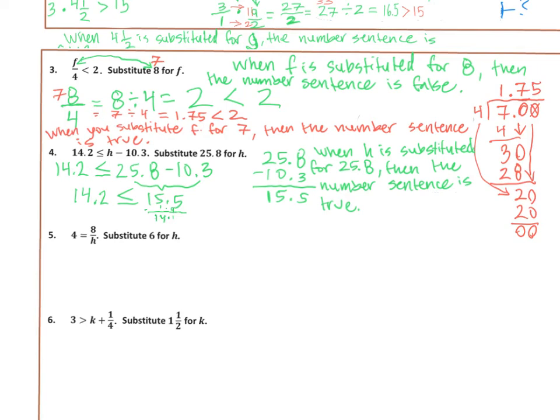So we've got to get at least 1.4 taken away. So we can take 1.4 away from 25.8. 25.8 minus 1.4 is going to equal 24.4.